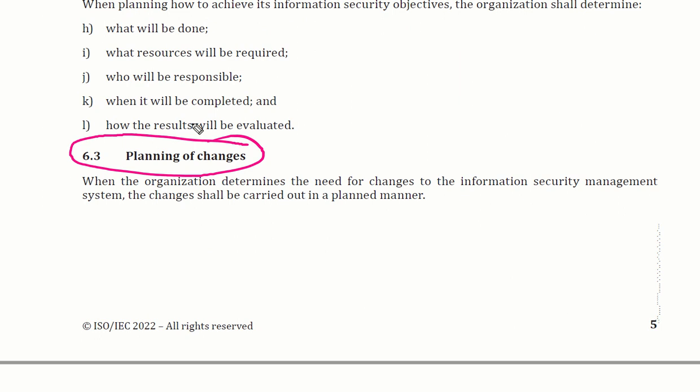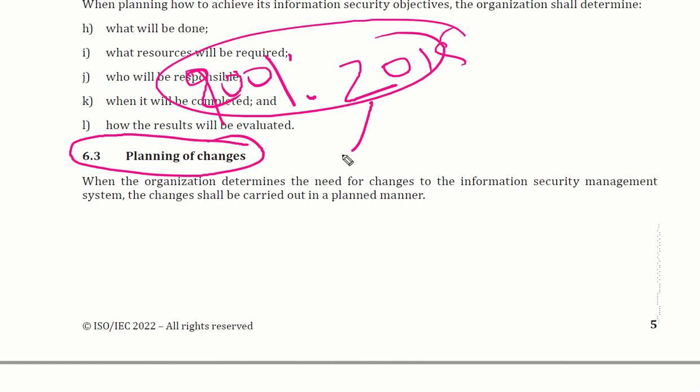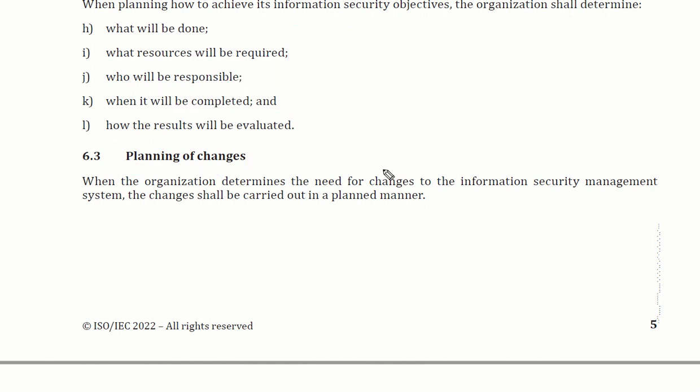So some of you may be aware of the ISO 9001:2015 version. This clause was already there in the ISO 9001 standard, so they have incorporated this planning of changes. In this you need to plan your changes in a systematic manner, and you need to have a change management process.